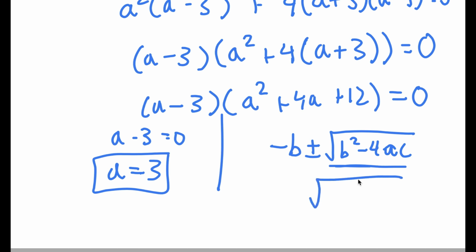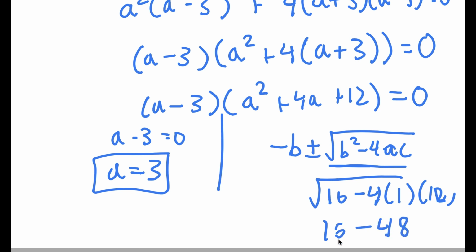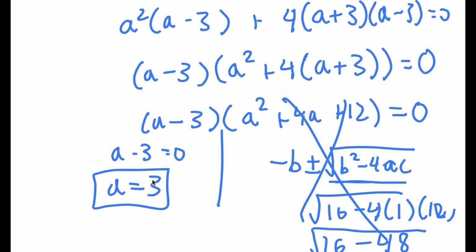So we have the square root of 4 squared, which is 16, minus 4 times a, which is 1, times c, which is 12. This is the same thing as 16 minus 48, the square root of which is the square root of negative 32, and you can't take the square root of negative numbers, so this is no solution. My only solution is a equals 3.